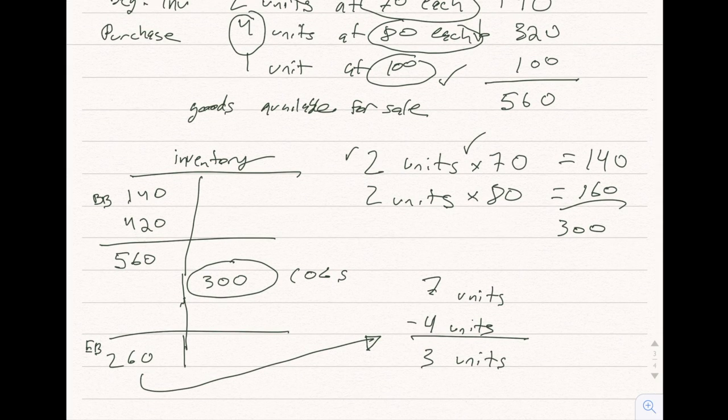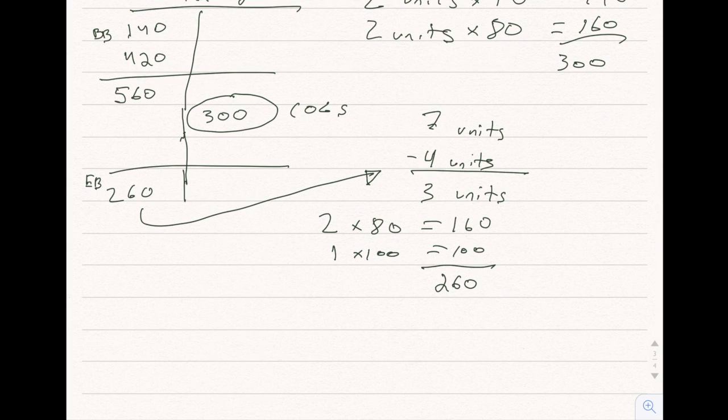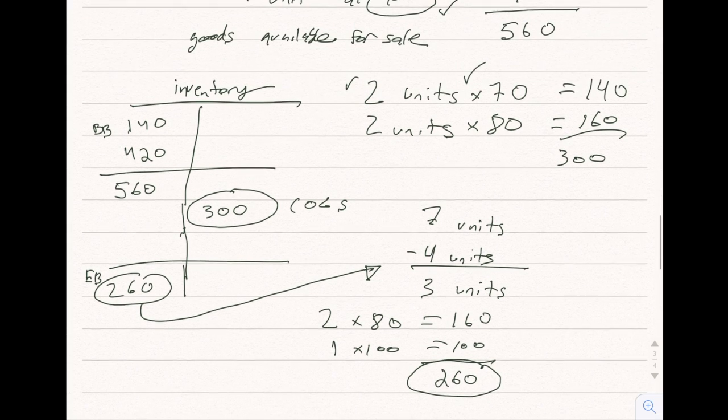Well, it just so happens that 2 times 80 equals 160, and 1 times 100 equals 100, which equals 260. All right, so it works, and everything adds up.